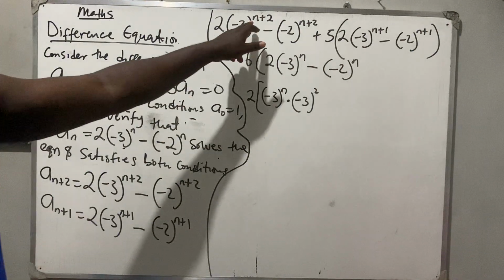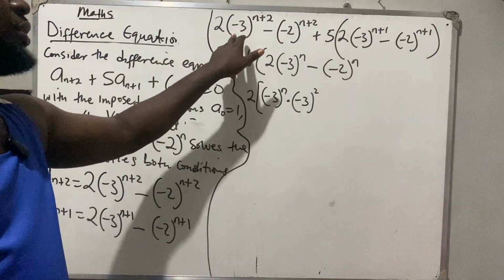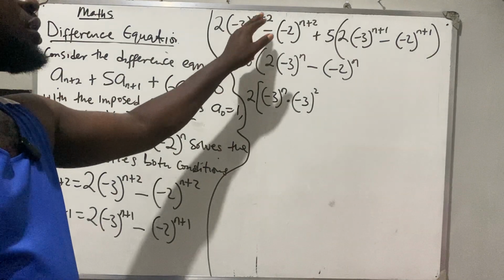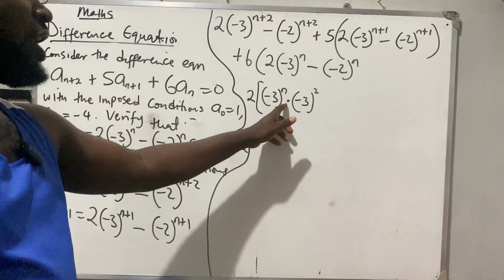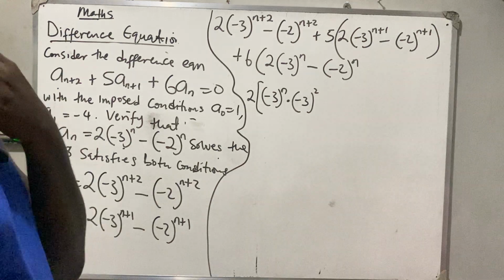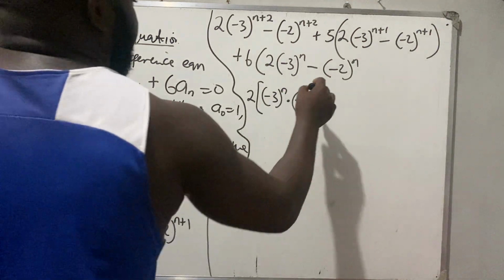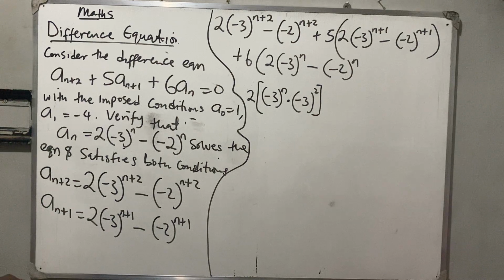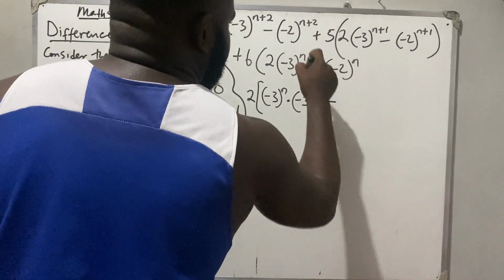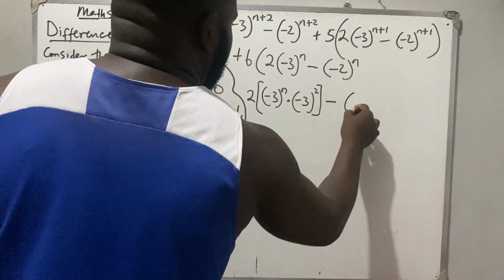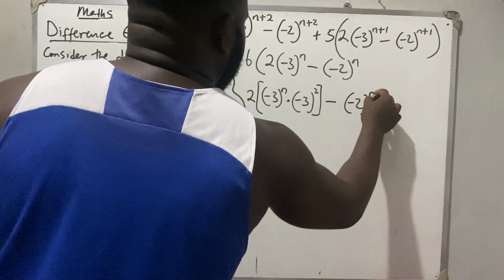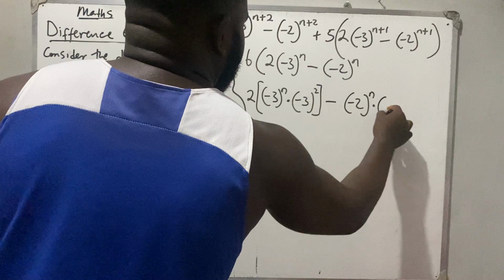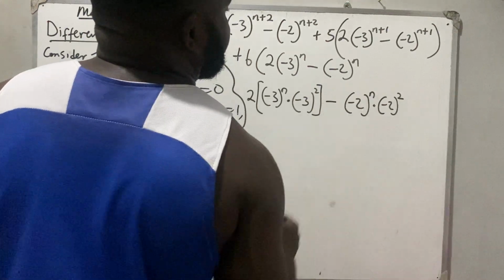According to indices, this one can be split into minus 3 raised to power n multiplied by minus 3 raised to power 2, because indices say that if we have multiplication, we should add the power, or if we have addition, we should multiply the base. So separating this one, I'm going to have minus 2 raised to power n, then multiply by minus 2 raised to power 2.